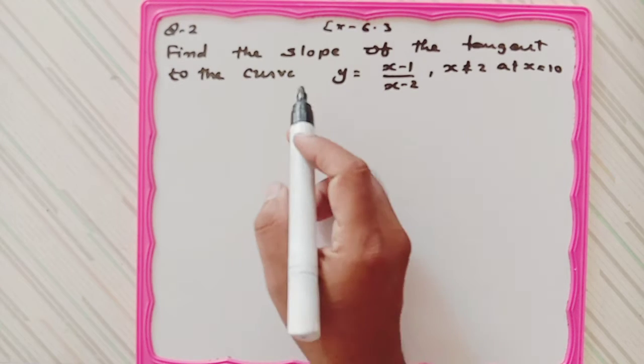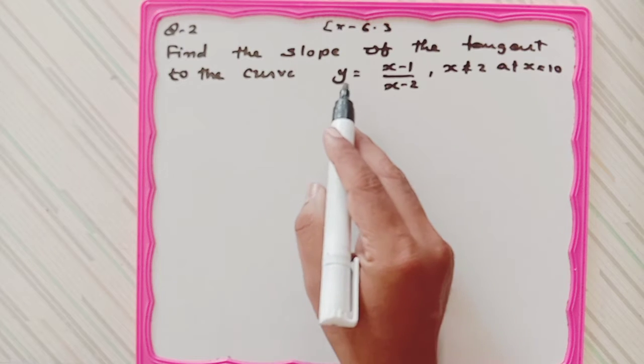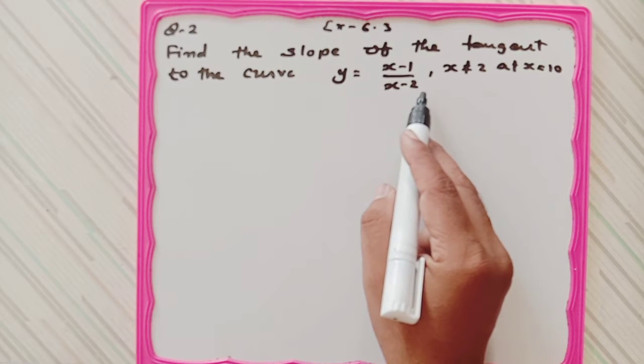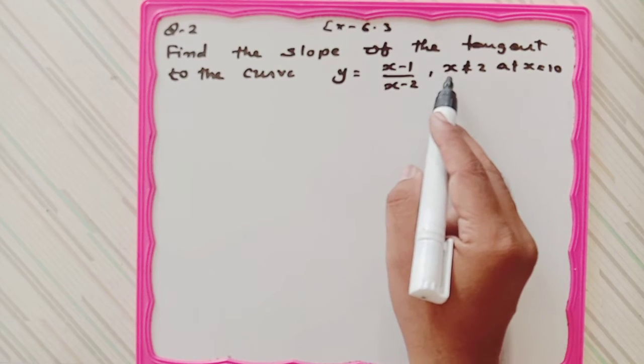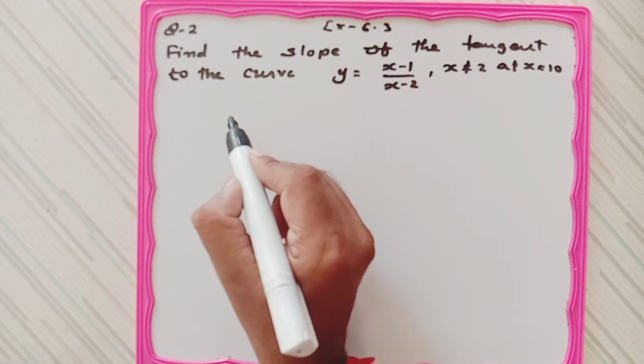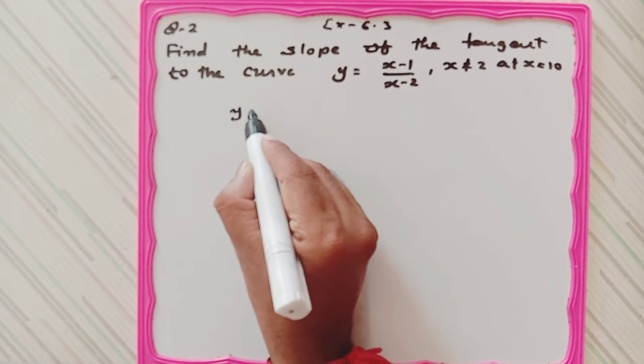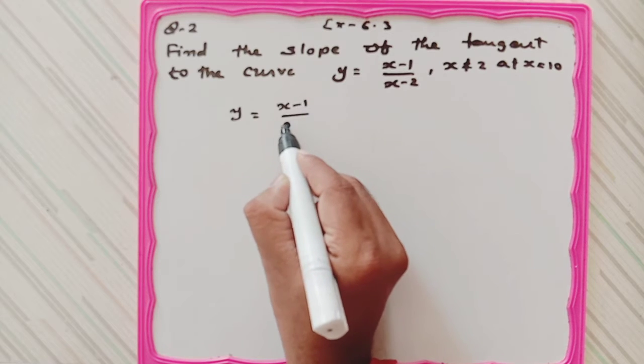Second question: find the slope of the tangent to the curve y equals x minus 1 upon x minus 2, where x is not equal to 2, at x equals 10. So y equals x minus 1 upon x minus 2.